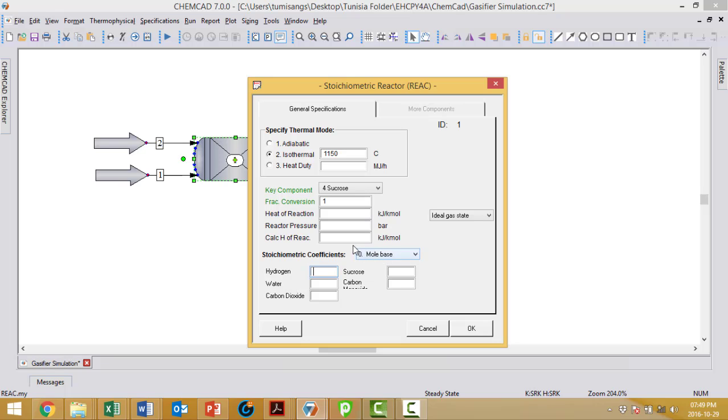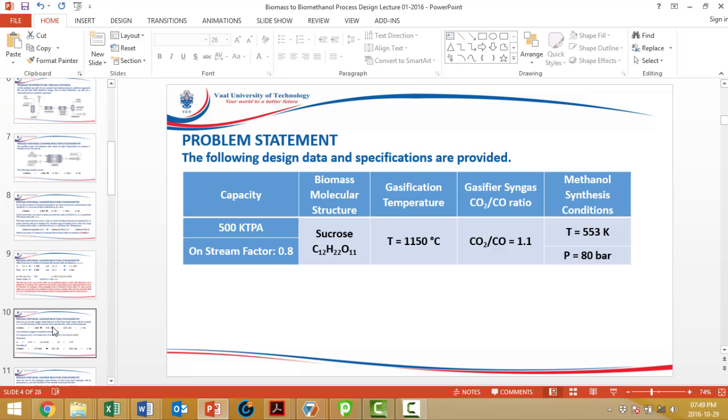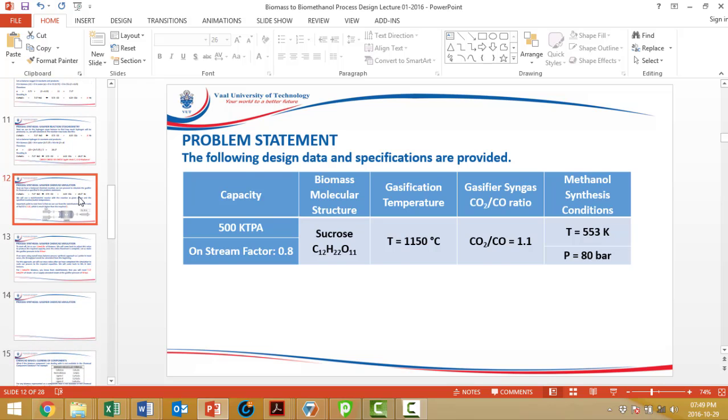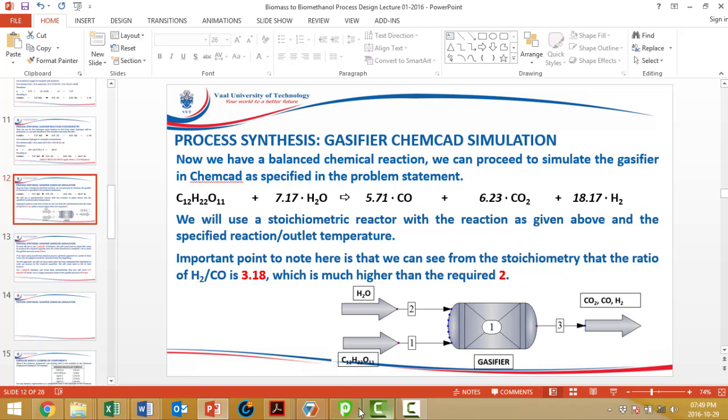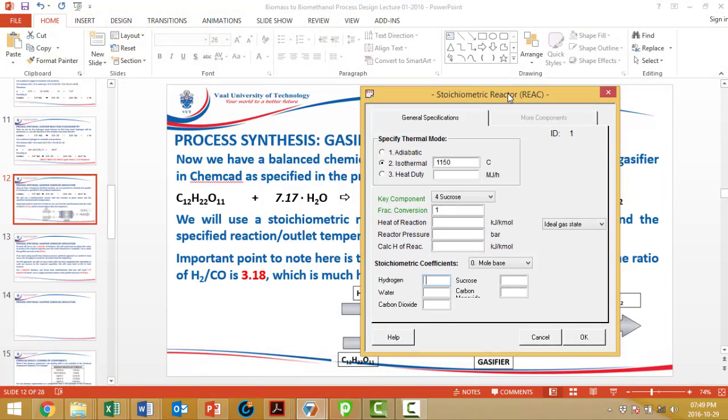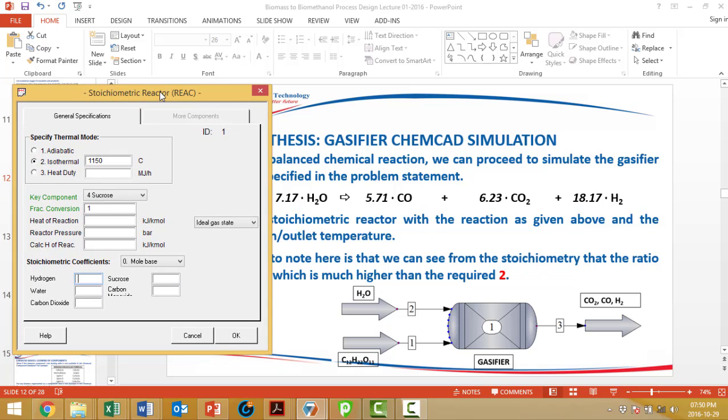The stoichiometric coefficients are in mole base, which is okay. Let us bring the stoichiometry, the last slide we worked on. It is this one, and then let us bring it there. Okay, we can just move it aside. For sucrose it is -1, as it is a reactant, it gets consumed. Water is -7.17.